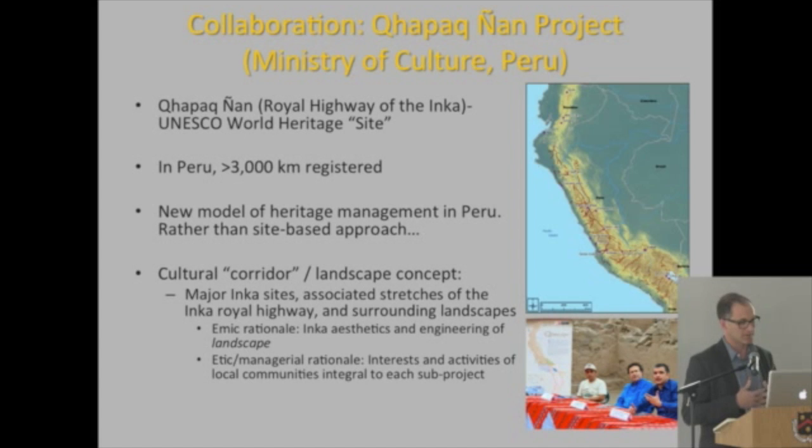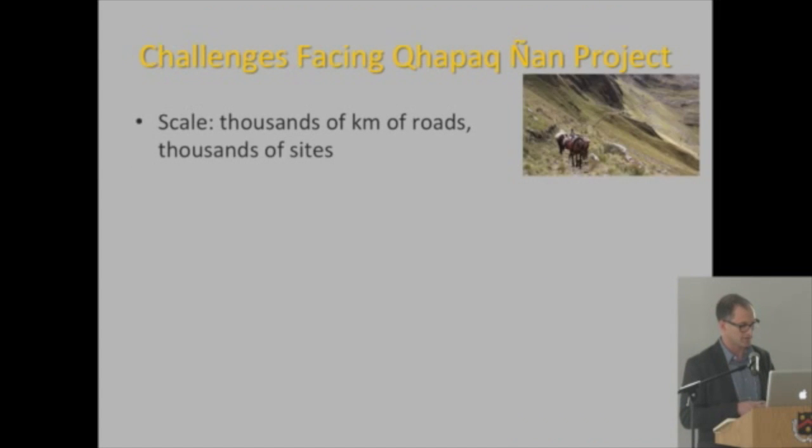And also, in the current situation, rather than having a site that is constantly, quote unquote, threatened by development interests or urban encroachment and so forth, how do we open these sites to the landscape, to the local communities, to make their interests and their ongoing concerns integral to the actual management of the patrimony?